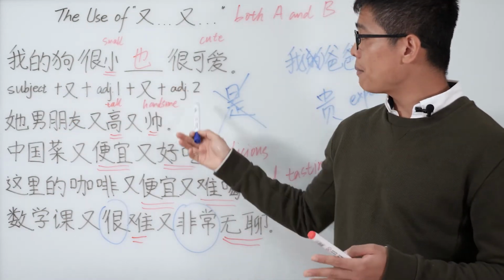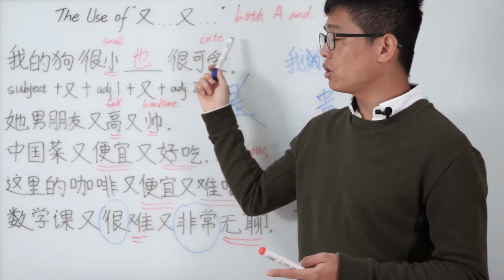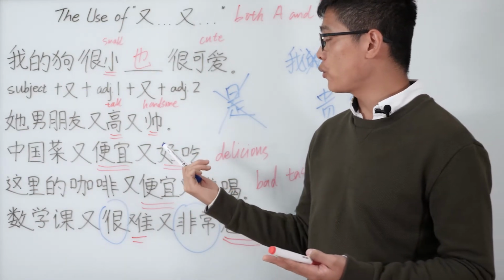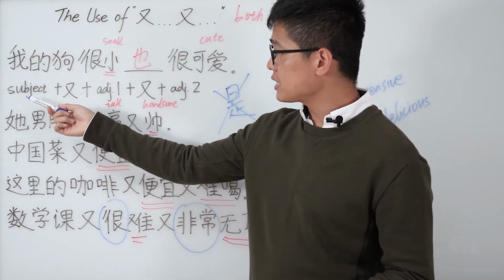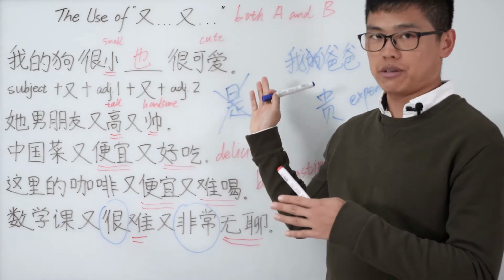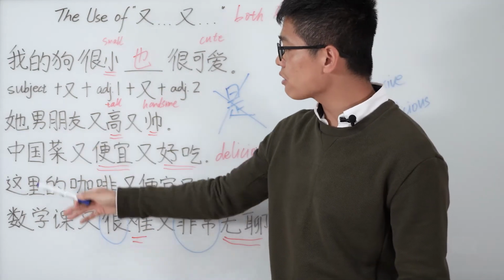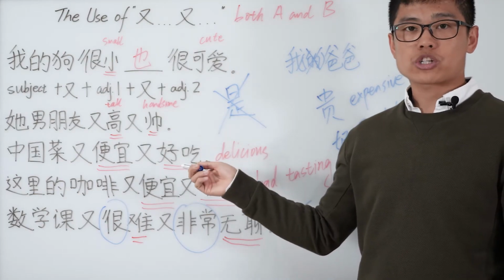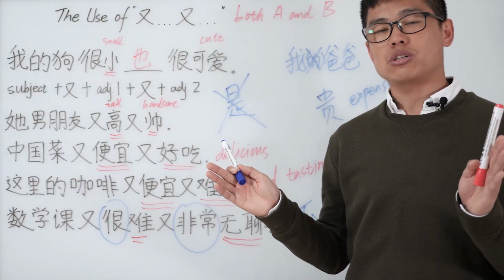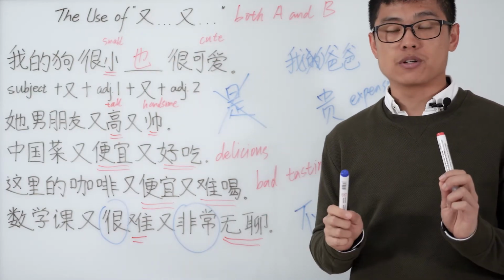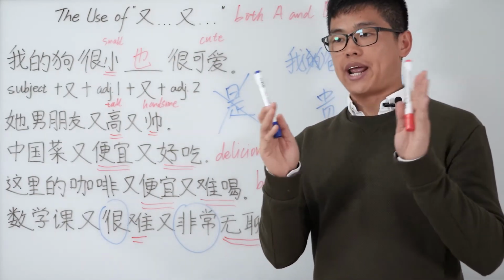And then we talked about we can use yo structure to describe something with two adjectives. The structure is subject plus yo, adjective 1, yo, adjective 2. These are some examples. Remember that with yo structure, that sentence should not have the word 是. That is a very big difference between English and Chinese.